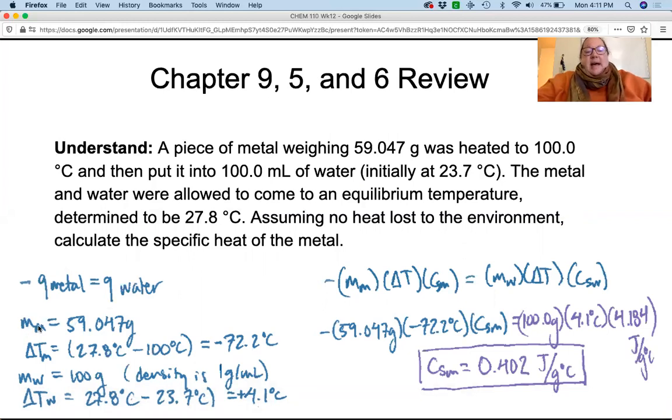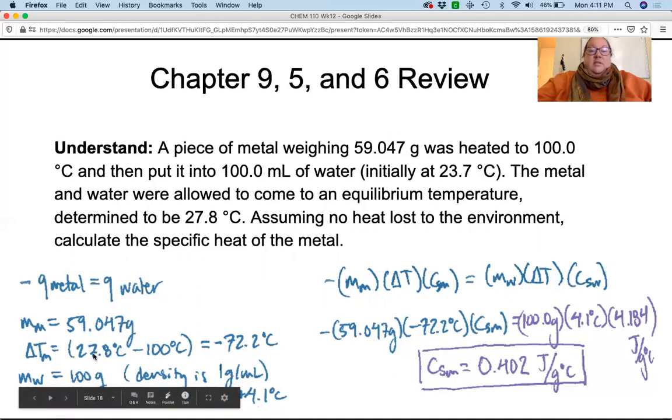So in this case, the mass of the metal is 59.047 grams. That's given in the problem. Our change in temperature of the metal is 27.8, the final temperature at equilibrium, minus 100 degrees Celsius, or negative 72.2 degrees Celsius. The mass of the water is 100 grams.